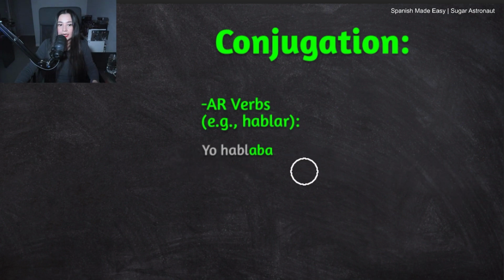Okay, and we can see right here that the ending is in green. So what you need to do is you need to remove the AR ending and replace it with this one. When you want to say I was speaking, yo hablaba. Okay, yo hablaba.